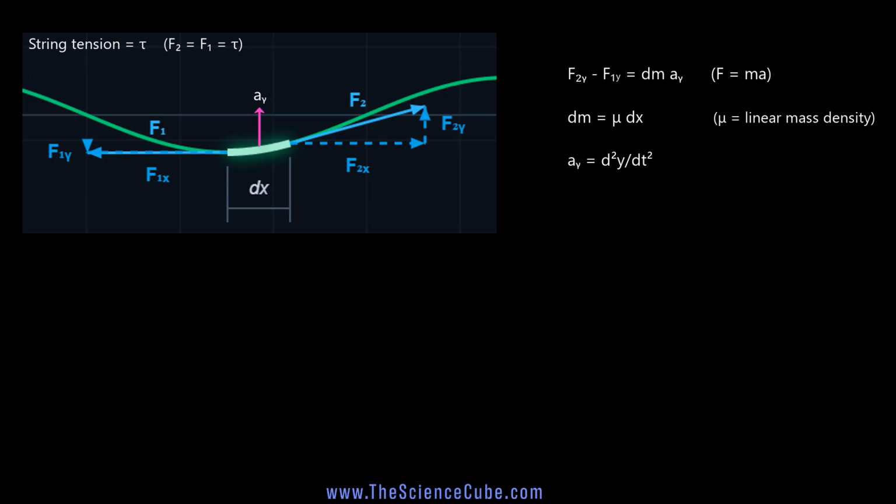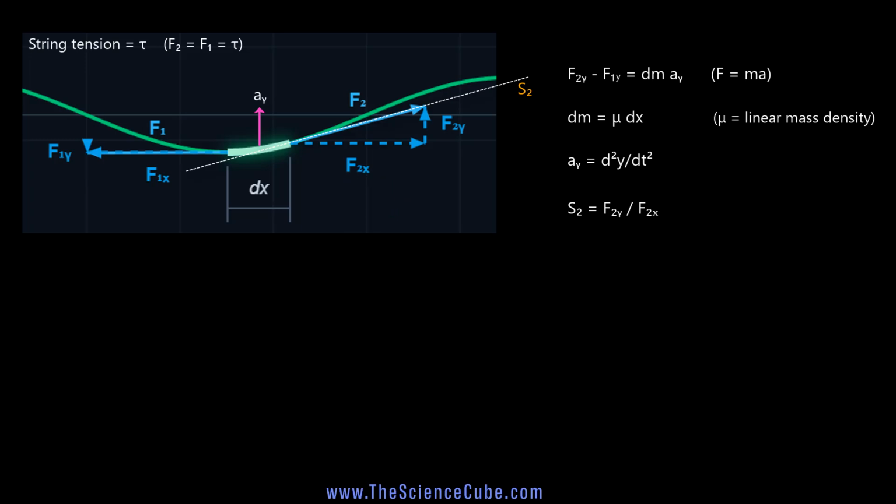So look at the right end of the element where the tension force F2 is directed along the tangent to the string at that point. And we will label the slope of the string at the right end as S2. And simple trigonometry tells us that S2 equals F2y over F2x.